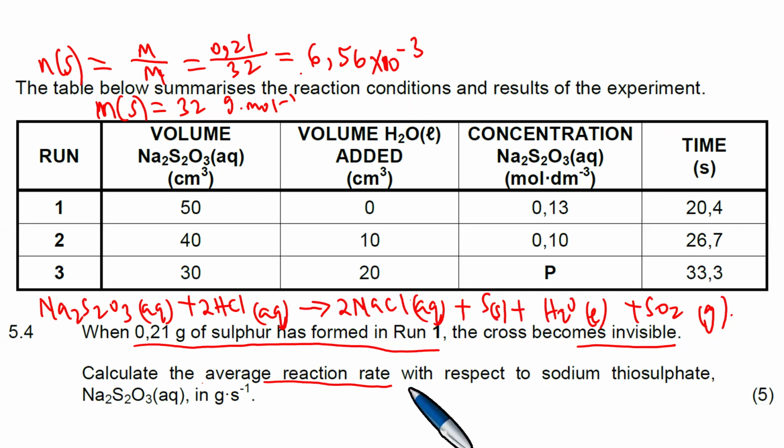So the sodium thiosulfate and the HCl added together produce sodium chloride. This chemical equation was given in the beginning for this question.